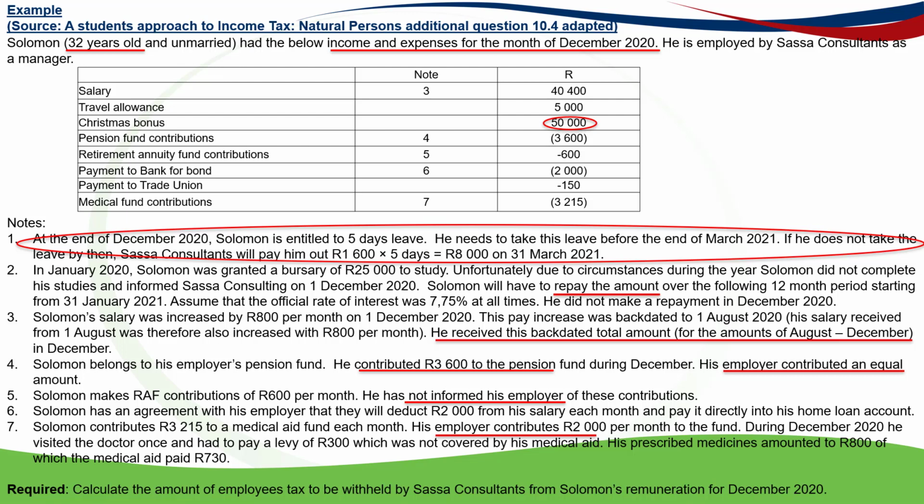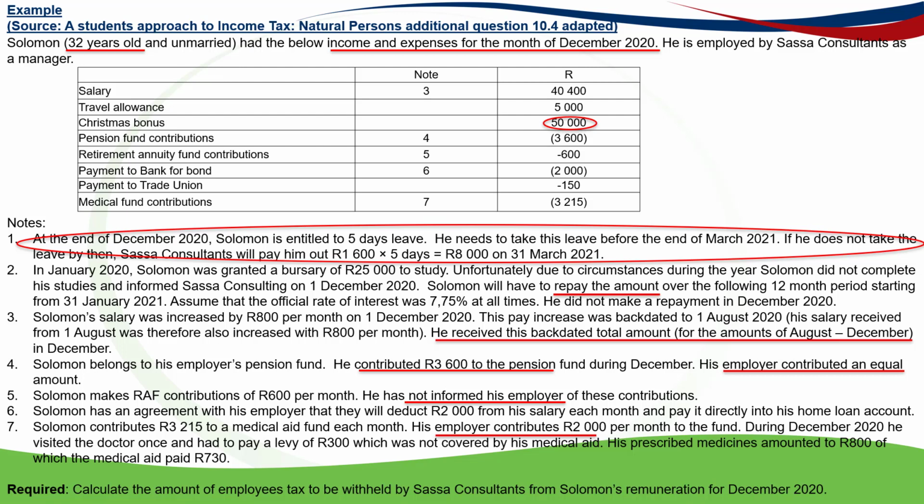On an overall analysis of the information provided, as we have annual as well as variable amounts in our scenario, it means we will need to perform two calculations to get to the employee's tax that needs to be withheld for the month of December 2020.